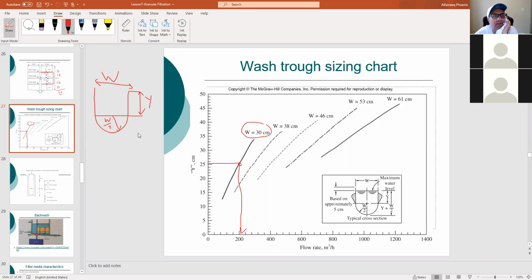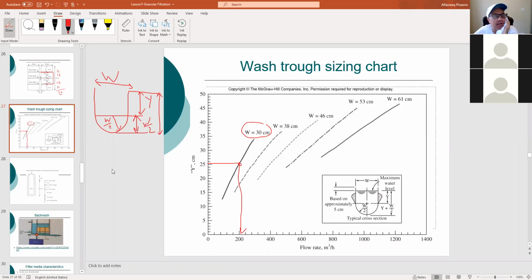The whole depth is W over 2 as well. So the total depth is Y plus W over 2. All right, sizing of the troughs.